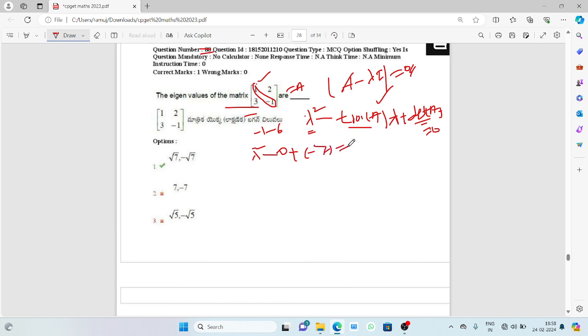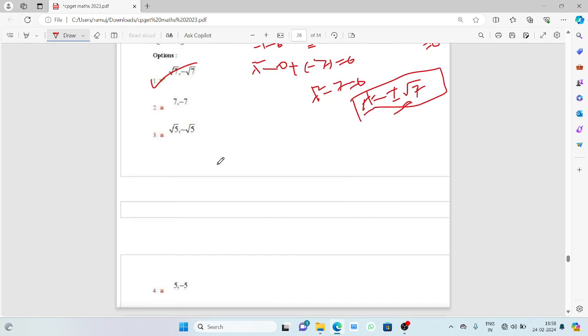So lambda square minus 7 equals 0, and lambda is equal to plus or minus root 7. These are the two eigenvalues of the given matrix. So the first option, root 7 comma minus root 7, is the correct option for this question.